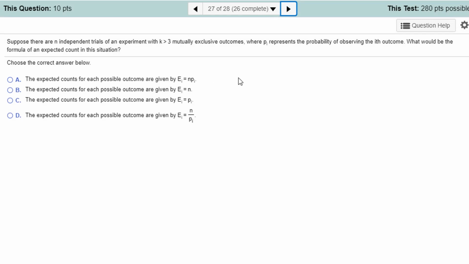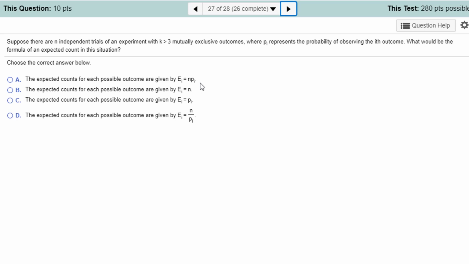Suppose there are n independent trials of an experiment with k greater than 3 mutually exclusive outcomes where pi represents the probability of observing the ith outcome. What would be the formula of an expected count in this situation? Well, n is the number of trials and pi is the proportion. So it's just going to be pi times n.